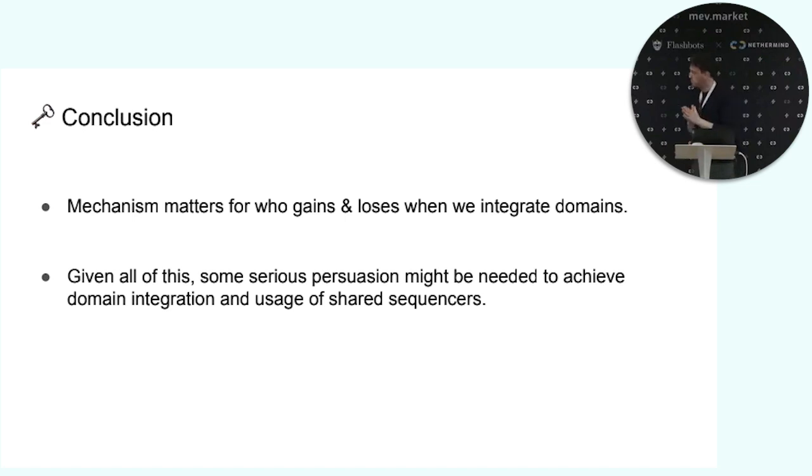To wrap that up a bit: if you do this kind of horse-racing comparison of shared and separate sequencing, and look at it from a bird's-eye view on just the structure of competition that it induces, then you find that the mechanism you use, the transaction ordering policy or the market design, determines very much who gains and loses from domain integration, and how much we gain or lose. So mechanism design matters a lot.